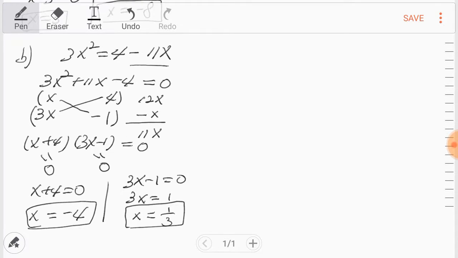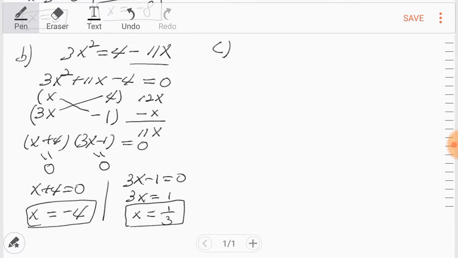Okay, then let's try another one. Example C: 3x squared plus 12 equals 3 plus 12x plus 5x squared. All right, let's move all these three terms from the right side of the equation to the left. So let's move 5x squared to the left.